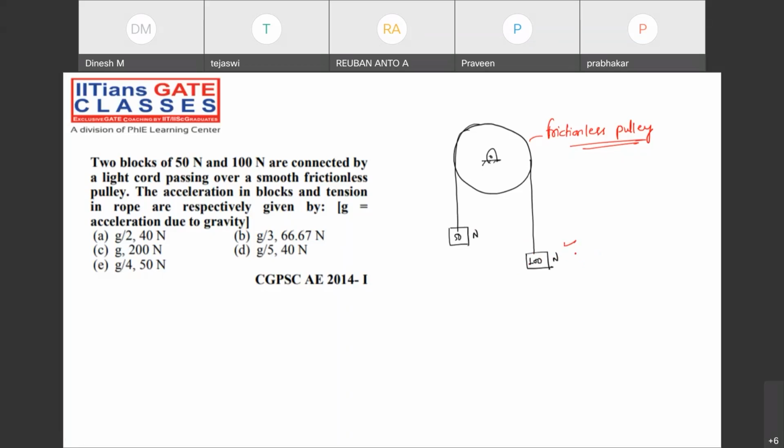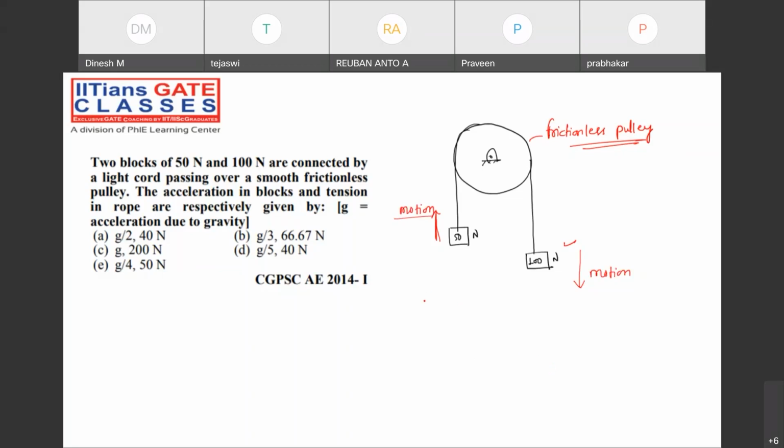So definitely the motion for this one will be in the downward direction. What about the motion for 50 Newton? If one moves downward, automatically the other will move upward. Am I right? Check it out. The direction of motion for 100 Newton will be like this, and the direction of motion for 50 Newton will be like this. All of you, please check it out.